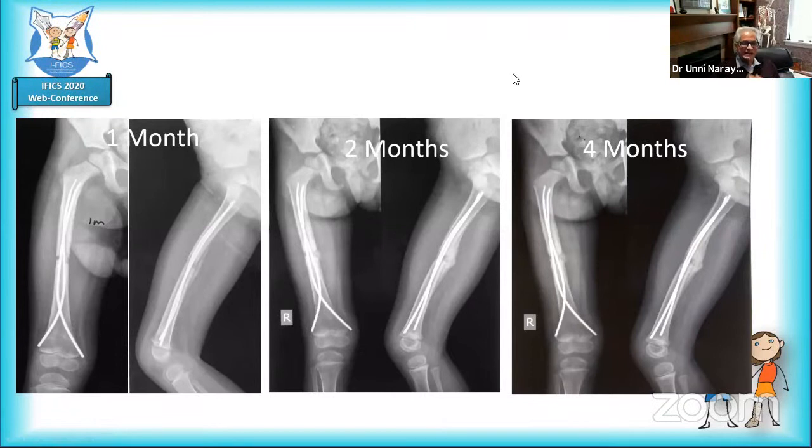We can be very nitpicky and criticize a little bit of the technique, etc. But I think we're losing sight of the big picture, which is that this fracture is going to heal no matter how you treat it. I would say that the indications for an operation in a 3-year-old would push me if this was a bilateral fracture, or an open fracture, or a polytrauma, or there were some caregiving concerns that the parents particularly had.